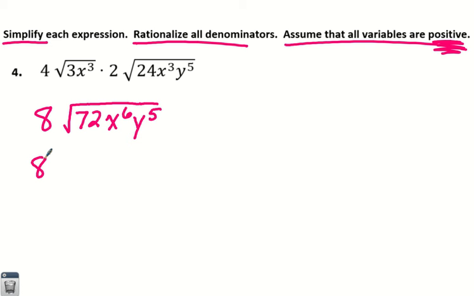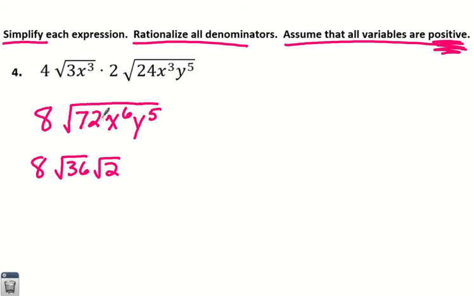I just tried 16. 72. 18, no. 72 divided by 9. No, 72 divided... What am I forgetting here? 9, 16, 25, 36. So the largest perfect square that I can break off of 72 is 36. And that's going to leave a 2.